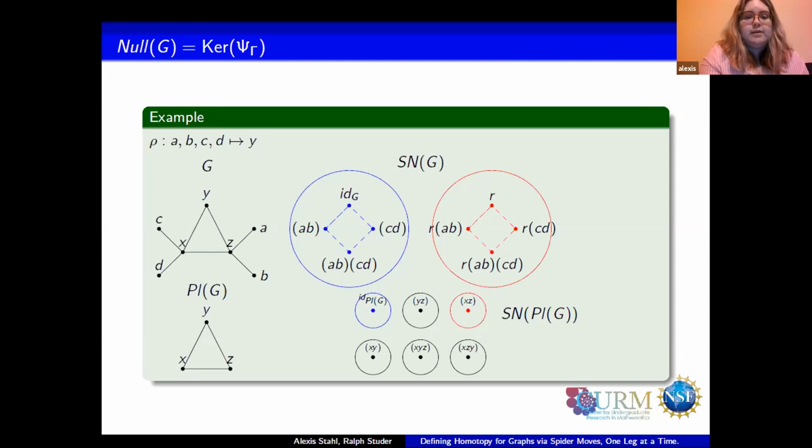So then we can see that they all get mapped to the spider nest of pleat G and the identity, so that's the little blue circle. And since they all get sent to that component, or to the identity, that makes a kernel as well.